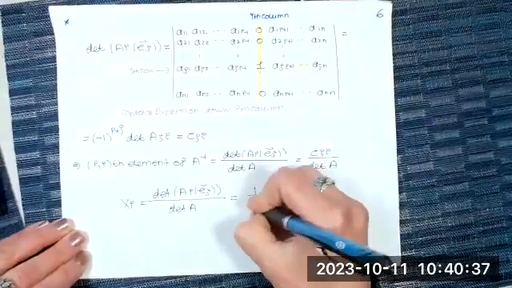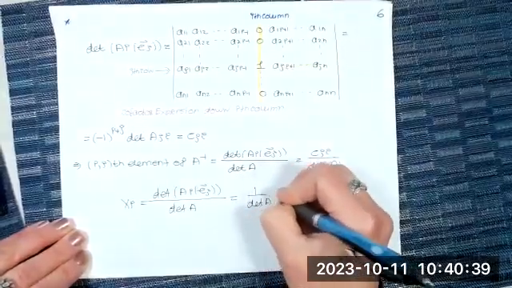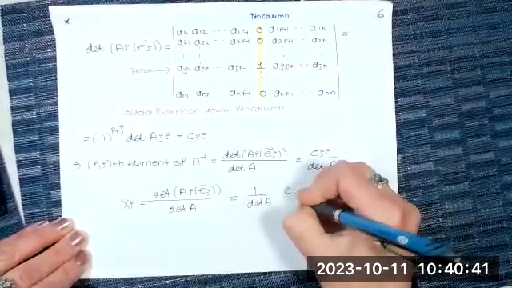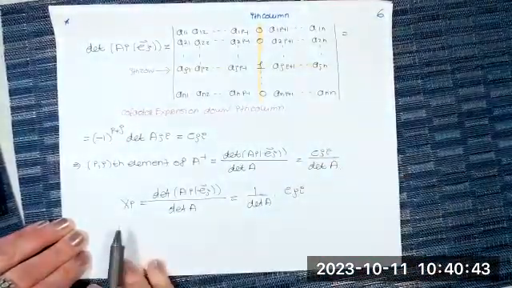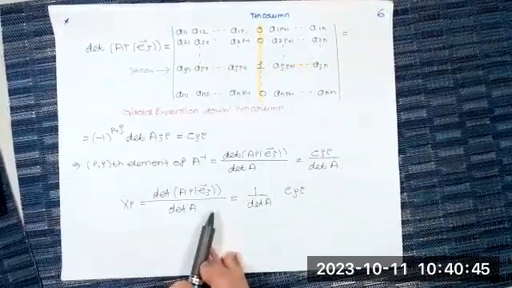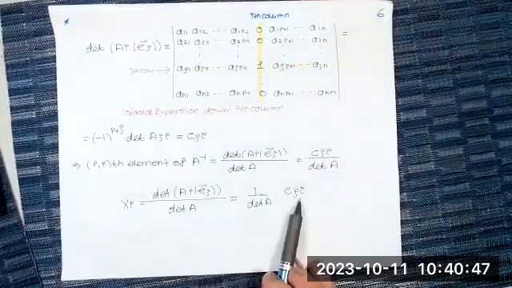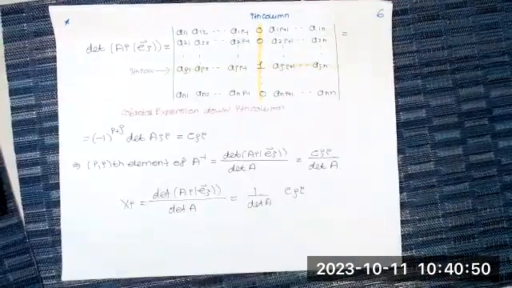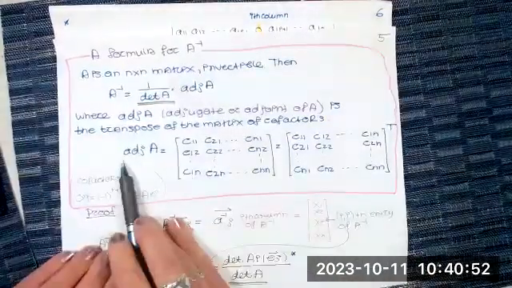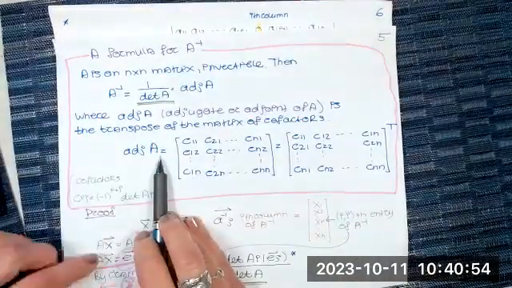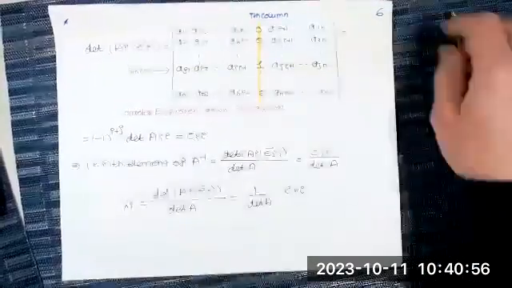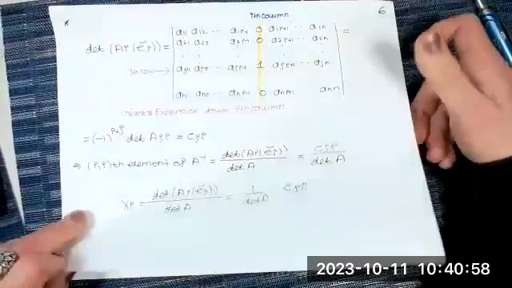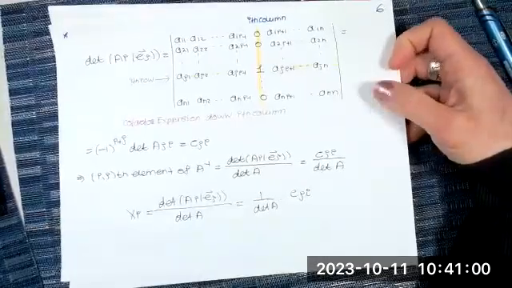So I have 1 over the determinant of A times my cofactor C_ji. And I can populate my matrix A inverse with all of those entries, which is exactly what gives me my formula here for the adjoint of A. Does that make sense? Any questions so far?